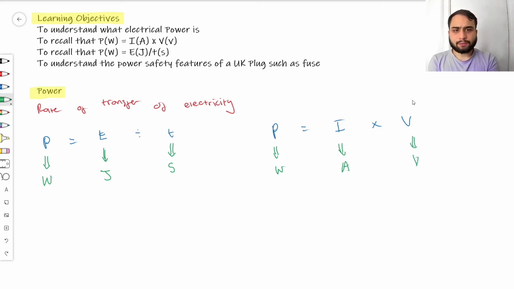Voltage is the amount of energy given per unit charge, and I talks about how much charge flows in a certain time period. Can you see how P equals E over T is equivalent to P equals IV? Both of them talk about how much charge or energy, because remember, charge has energy associated with it, which is a potential difference, or rather voltage. So these two equations end up being equivalent.